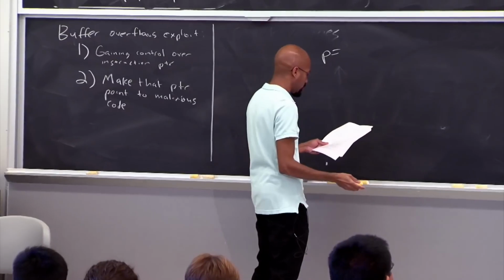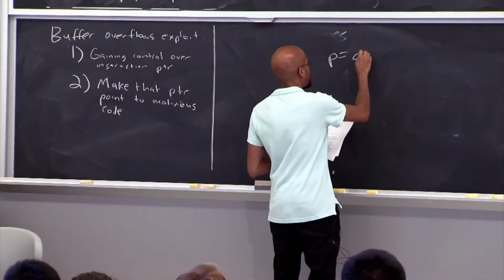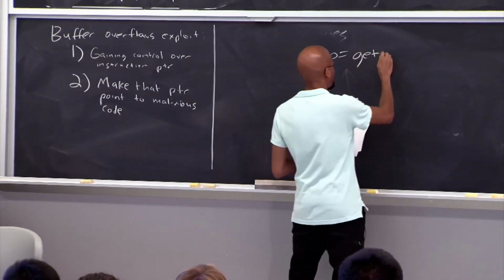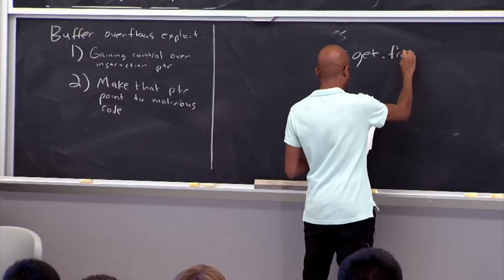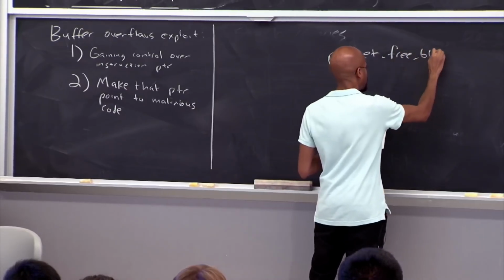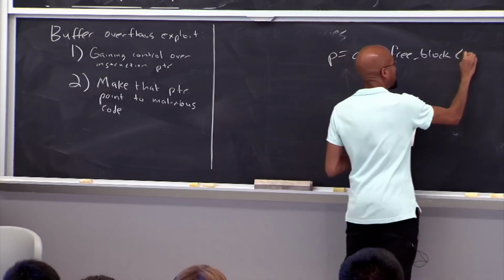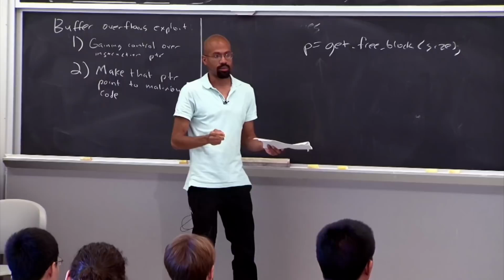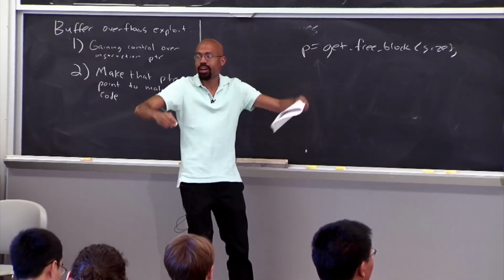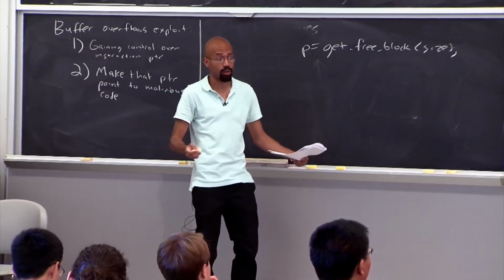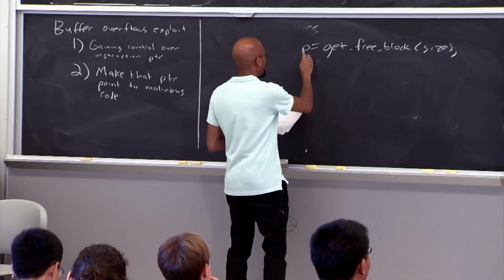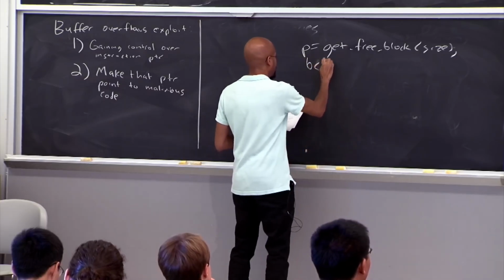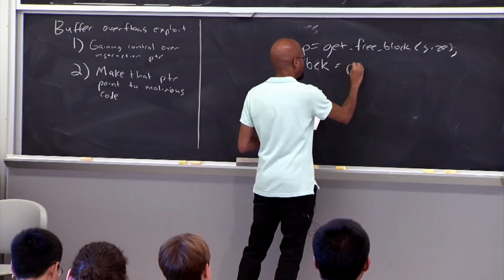Somewhere in the implementation of free, it's going to get some pointer based on the value of size, where size is something the attacker controls because the attacker did the buffer overflow. So you can imagine that it does a bunch of pointer arithmetic.